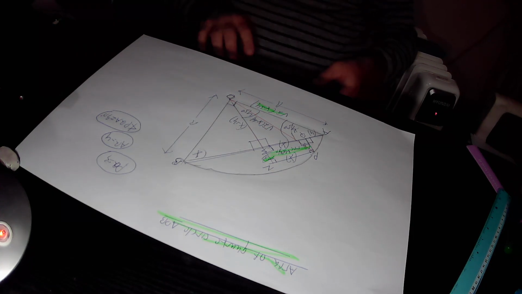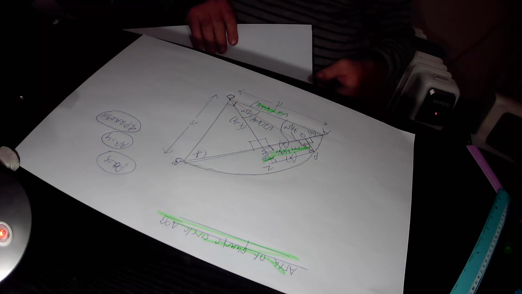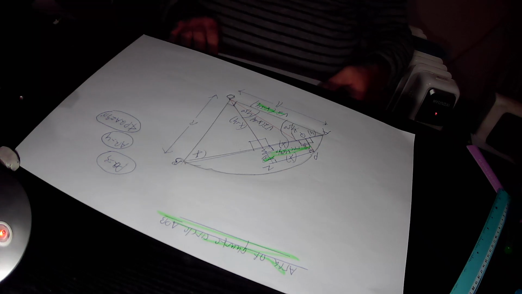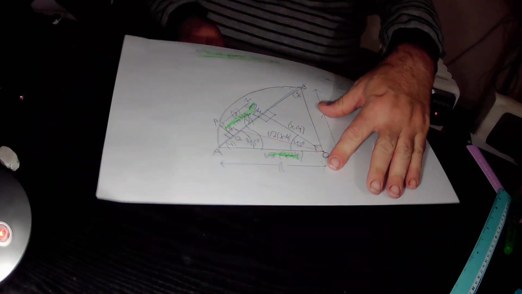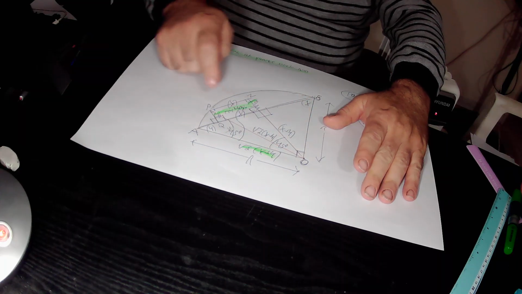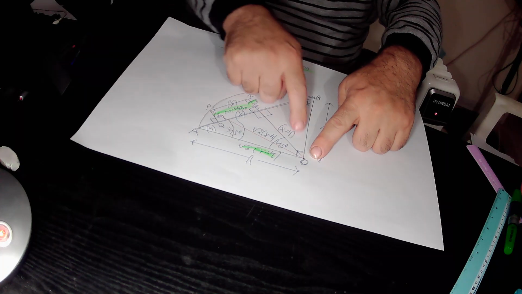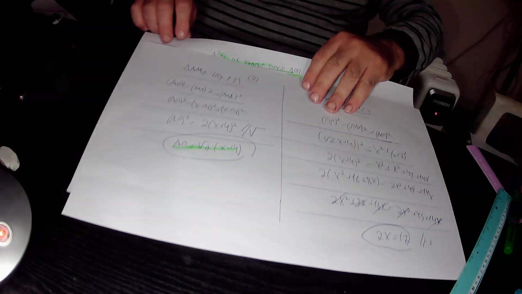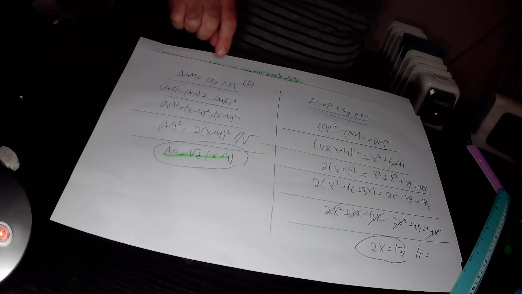In the next step, we join points O and P together by a straight line. But before that, we implement the Pythagoras theorem on this right triangle AMO. In right triangle AMO, AO squared, the square of the hypotenuse, equals AM squared plus MO squared.